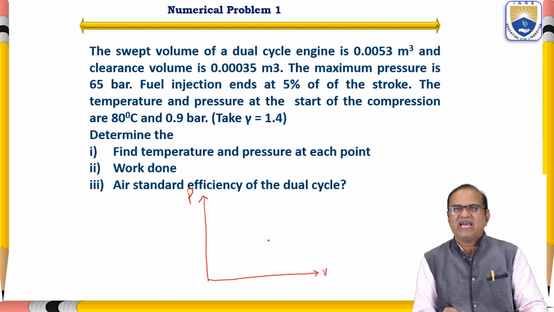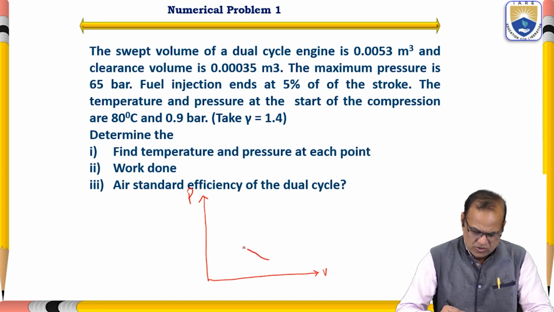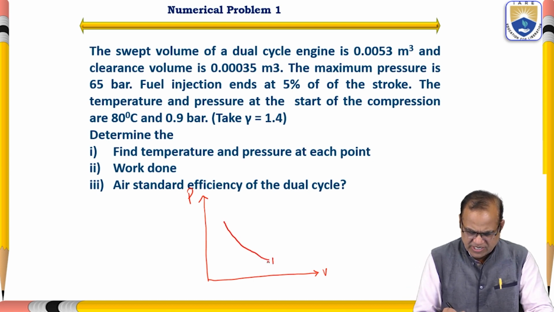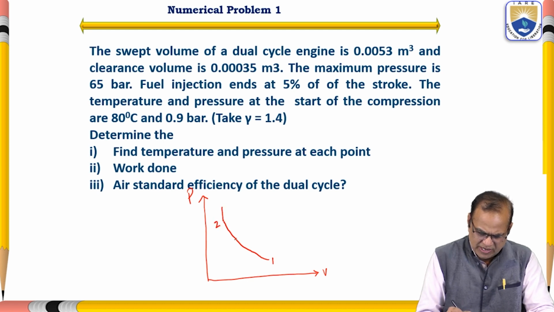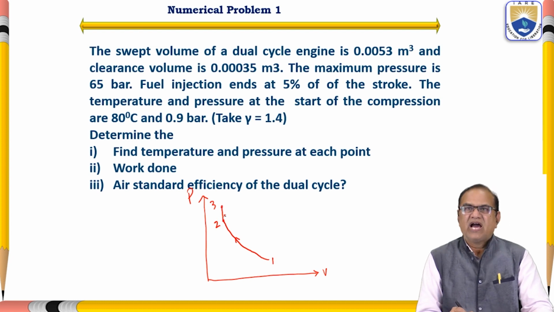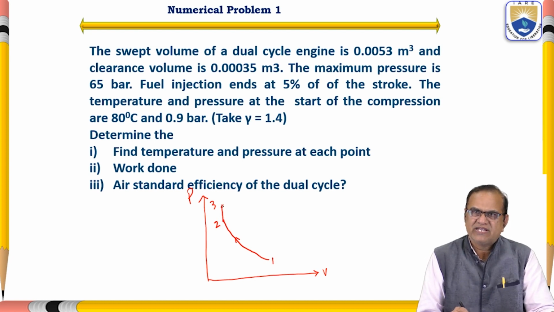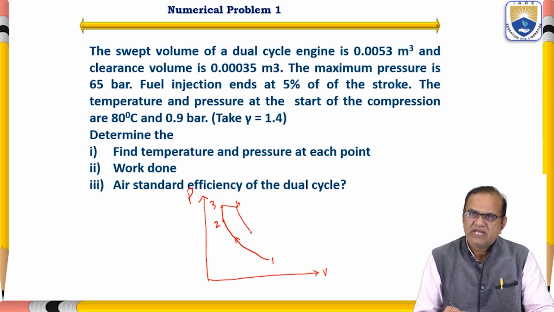In this you can see this is the starting point 1, then 1 to 2 is compression, 2 to 3 is isochoric heat addition, 3 to 4 is isobaric heat addition, then 4 to 5 is expansion, and 5 to 1 is heat rejection.